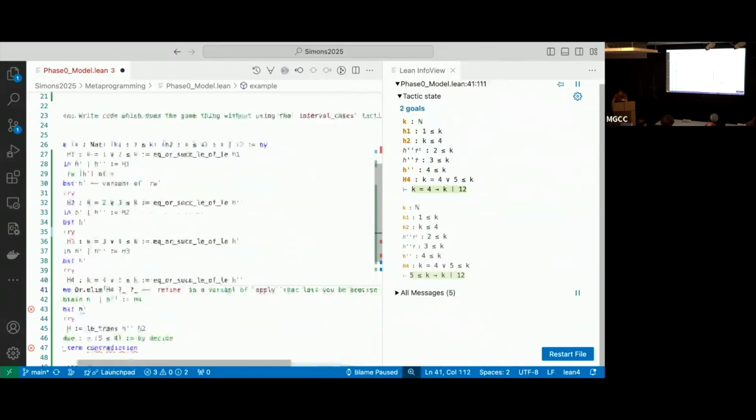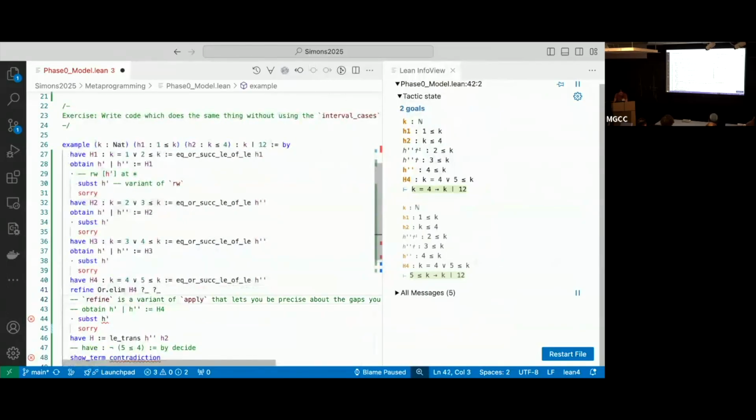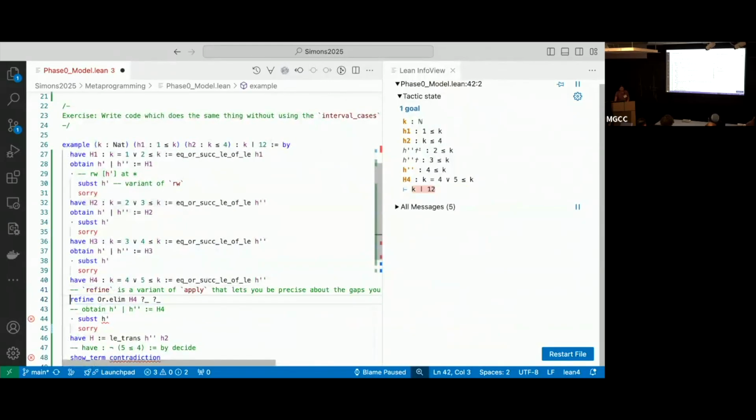The gaps are represented by these underscores. So we know that or.elim is going to take these 3 pieces, the proof of the or and the proof of the 2 implications, and I've left my 2 underscores to indicate that I still have work to do in filling in these 2 implications. And then there's a little bit more, so obtain is slightly smarter than that.